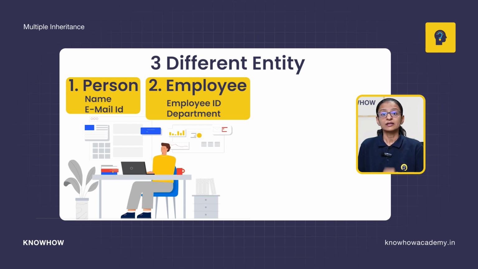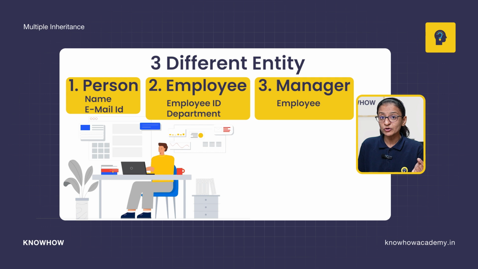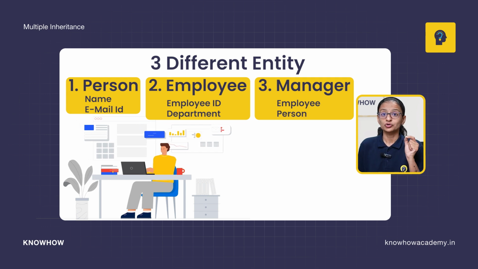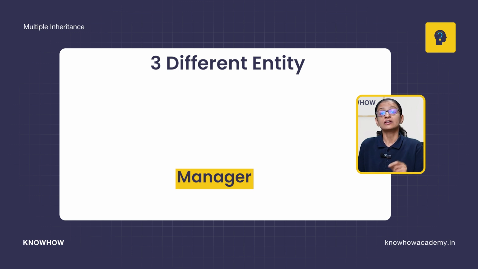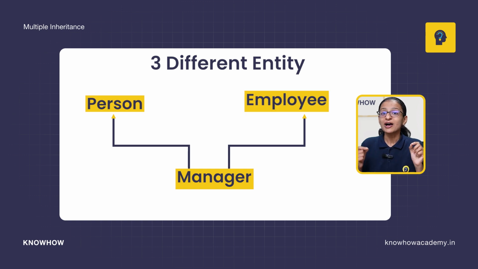And the third entity is a manager. Now a manager can be an employee, and a manager is a person also. So we can say that the manager will inherit the properties of a person as well as an employee. So how can you practically implement that situation?